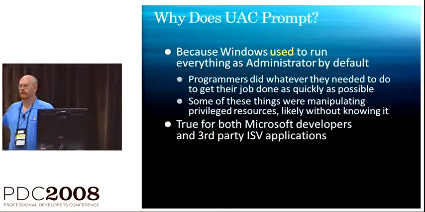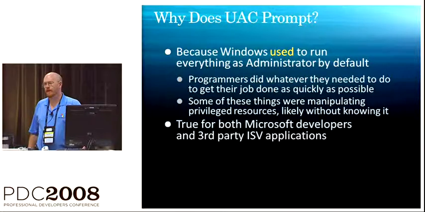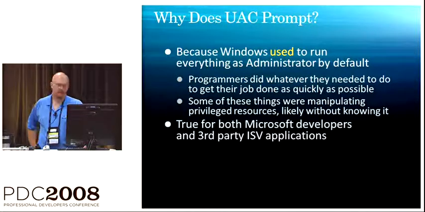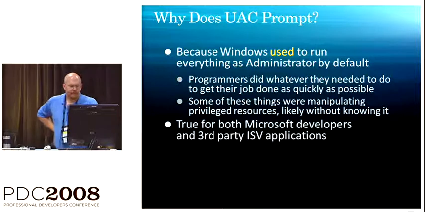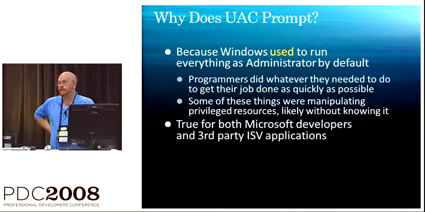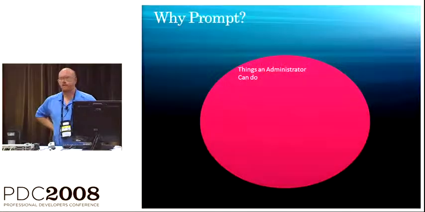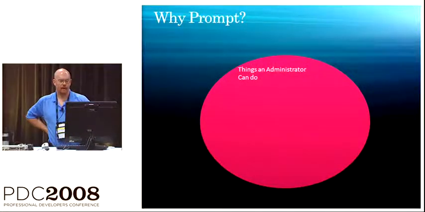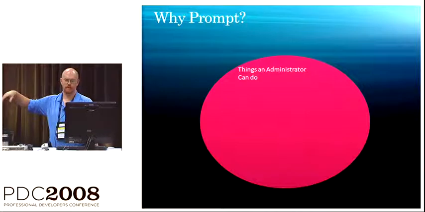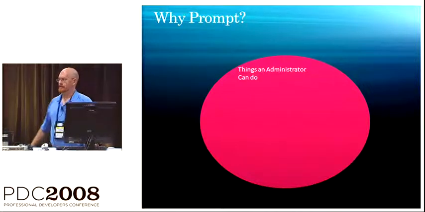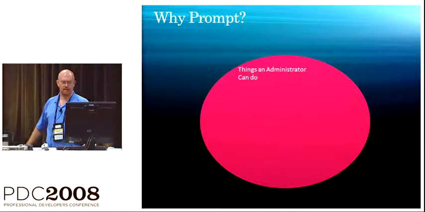And as a result, a lot of legacy applications are not kind to the standard user. This is true for both Microsoft devs and third-party devs. And that's the trick, is to move this market. This is sort of a graphical view of what's going on. The big circle is stuff that an administrator can do.